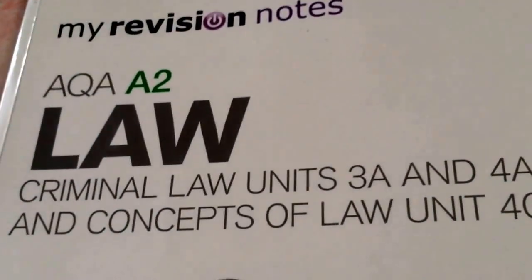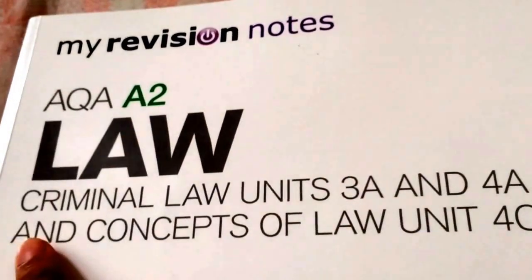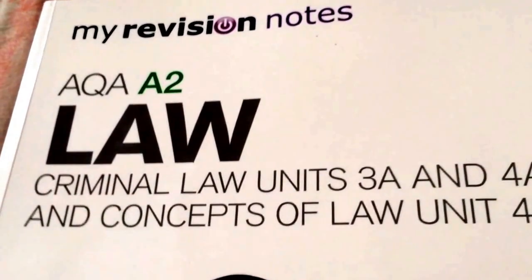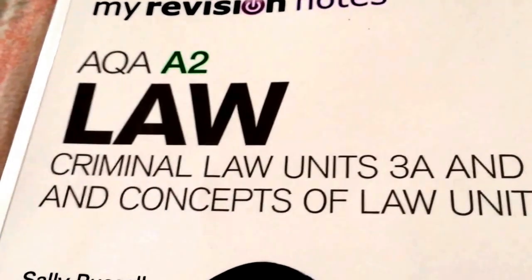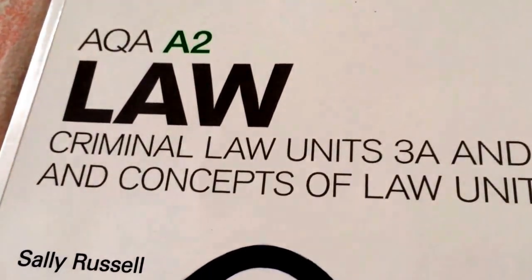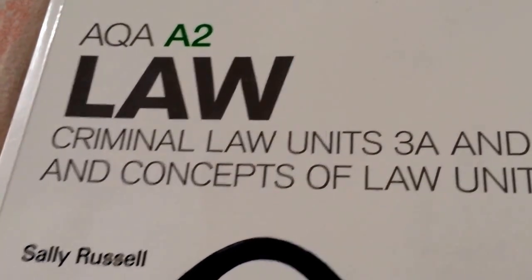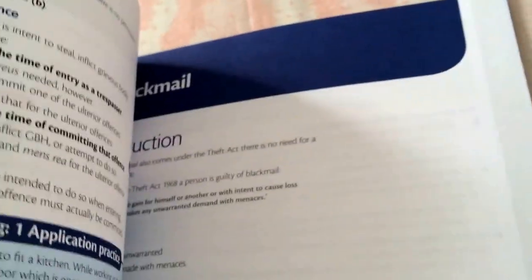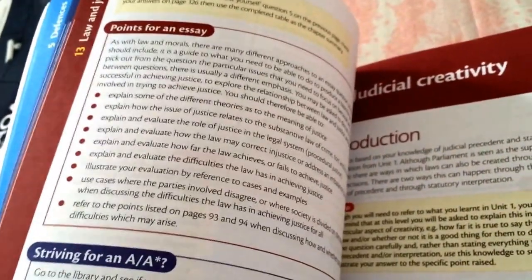Another book is by Sally Clark. This is the A2 law. If you do these two units, criminal and concepts, obviously you do concepts, but I don't know if there's a contract book out. This is a really good book. The reason why I'm telling you this book is good is because it goes through Unit 4A as well as Unit 3A, and it goes through the 4C essays as well, like what you need to get into that essay and to get a high grade.